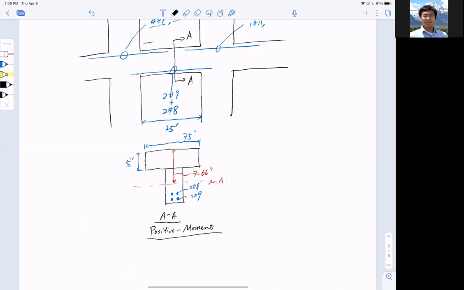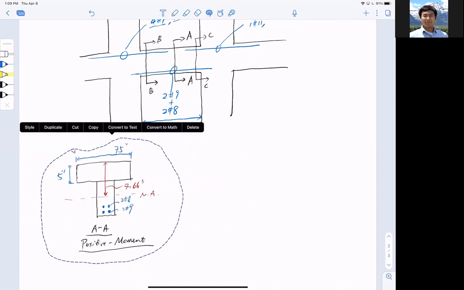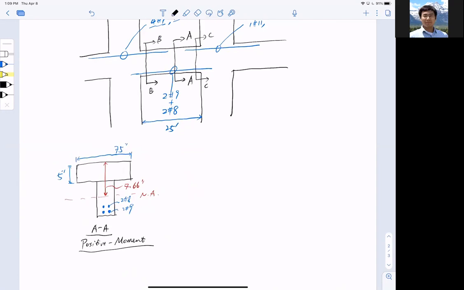Now at the ends here, since they're both negative bending moment, let me move this to the left so you can see it better. On the ends here, although they look like the same configuration, be careful.